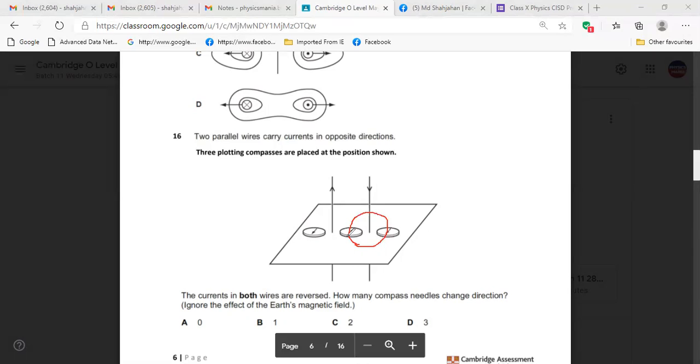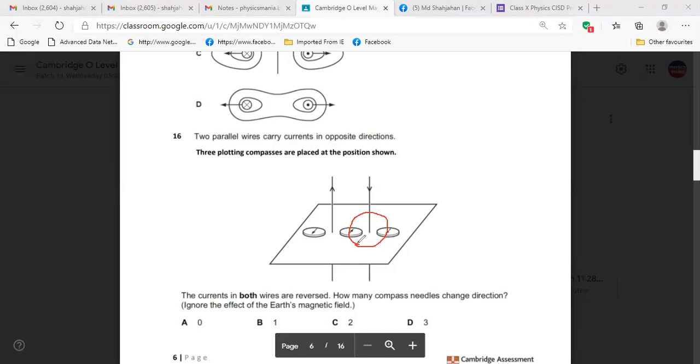Because you see, the way it's showing now, it is clockwise, right? But the other wire is also reversed. Let us finish one, then we'll go to the other wire. If you change it, then it becomes anti-clockwise, right?